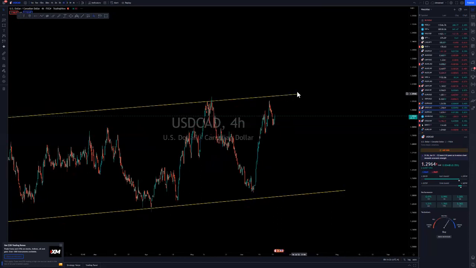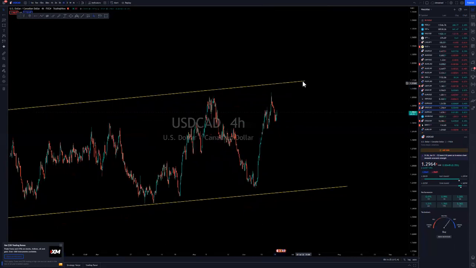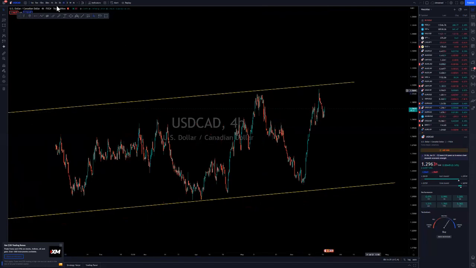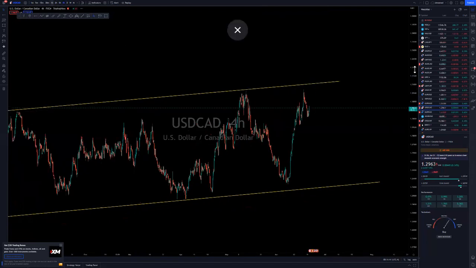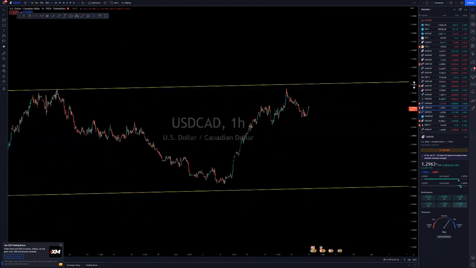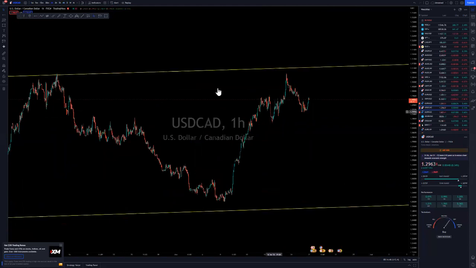So, okay, looking at the 4 hour, nothing much to be done. So we're gonna go to the 1 hour. On the 1 hour, I think price is giving us a pattern, you know. What type of a pattern is this?